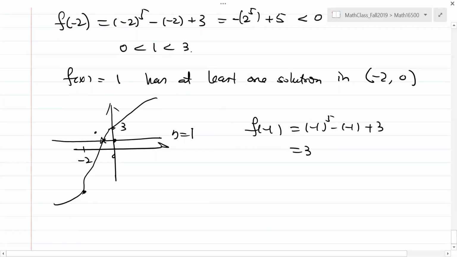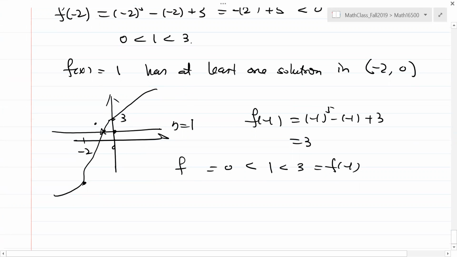So what does that mean? That means the solution is actually in the interval between -2 and -1, because 1 is less than 3, which is f of -1, which is greater than 0, and f of -2 is negative now.